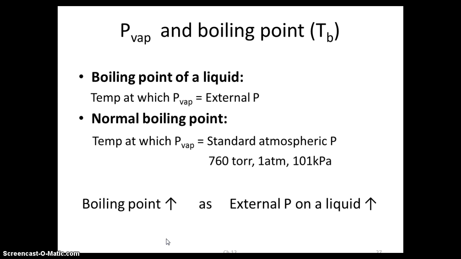The temperature at which your vapor pressure equals that external pressure of the room or the surroundings is the temperature at which the liquid will boil. So it will actually change based on the weather. We can't really observe this change very much because usually the external pressure only varies slightly.